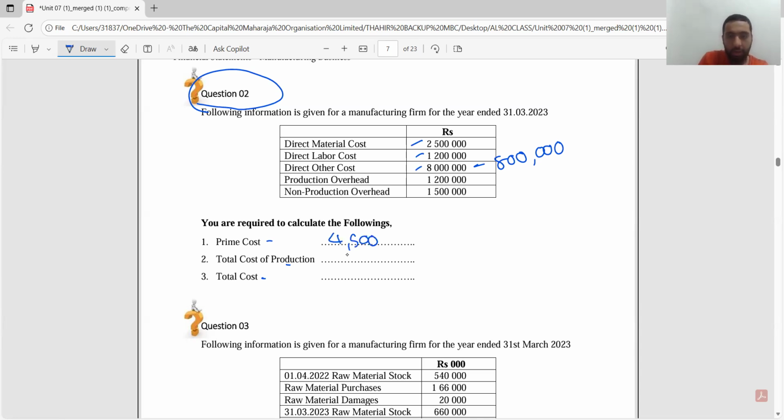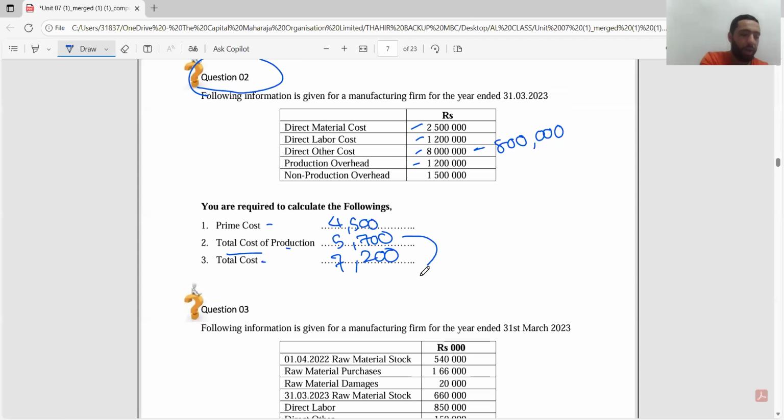It is 4,500. You add production overhead to get total cost of production, means you put the production cost also. So how much is this? It is 5,700. Total cost means, yes, very good. You add this one also, 1,500 here. You get how much? 7,200. Right? Okay. Done. Simple.